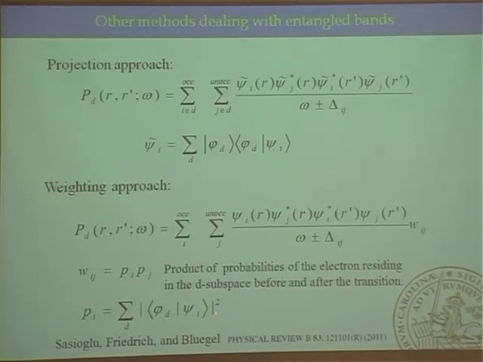So you look at the particular I here and look at the weight of the D character of that wave function, and then do the same for the J. And then you put it here. So there is no well-defined way of doing these separations. I think it is still an unsolved problem, still an open problem.